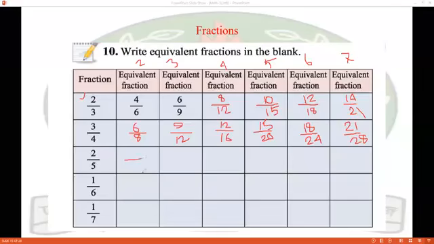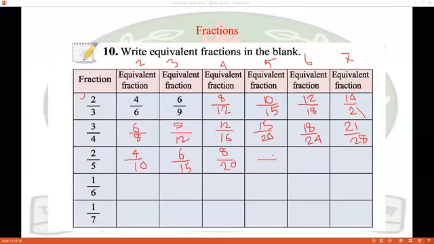Here we write 4 by 10. Here we write 6 by 15. Here we write 8 by 20.